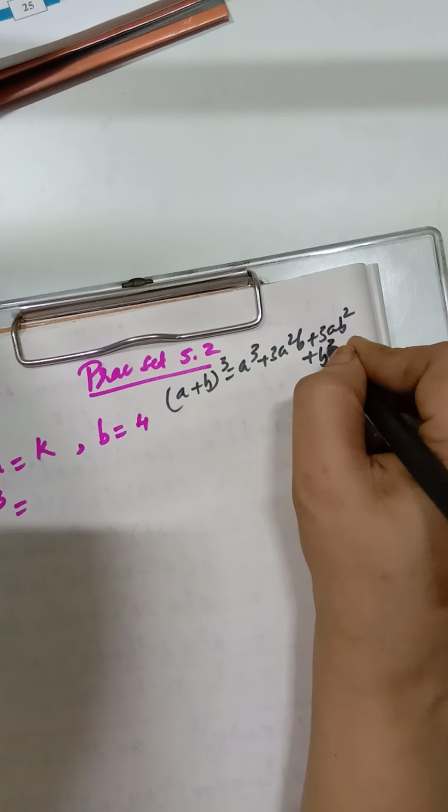Now this is equal to 100 cube. So 100 cube will be 100 into 100 into 100. So 1, and how many zeros will be there? 6 zeros. 1 2 3 4 5 6. Plus 3 into 10,000 into 1, so that will be the same, plus 3 into 100 into 1 square, which is 1 into 1, and 1 cube will be 1 into 1 into 1, that is equal to 1.